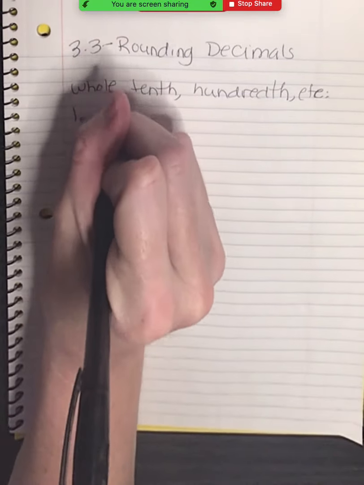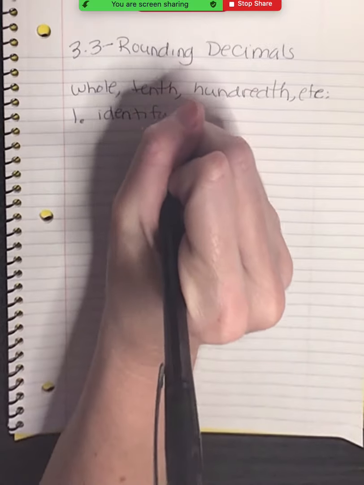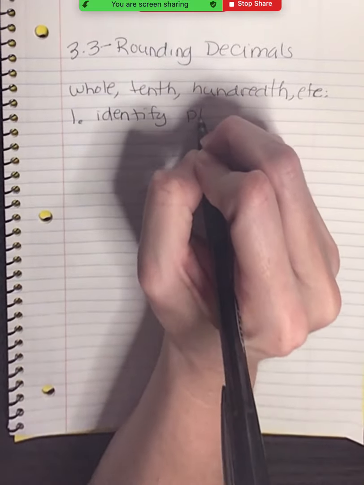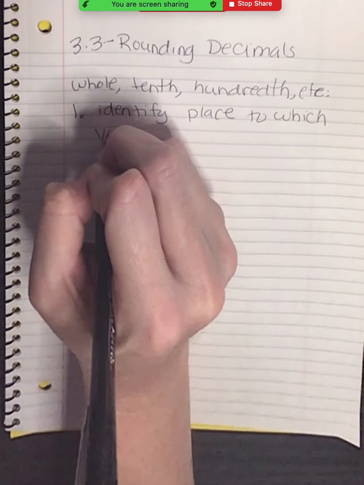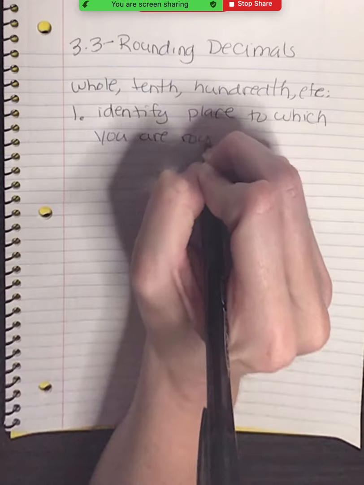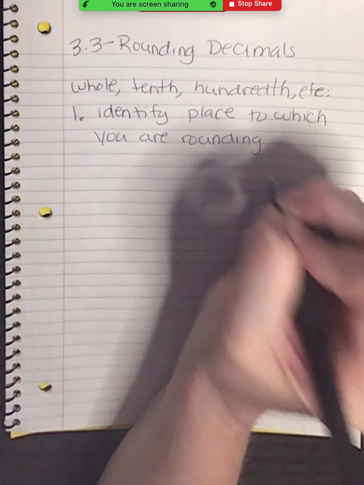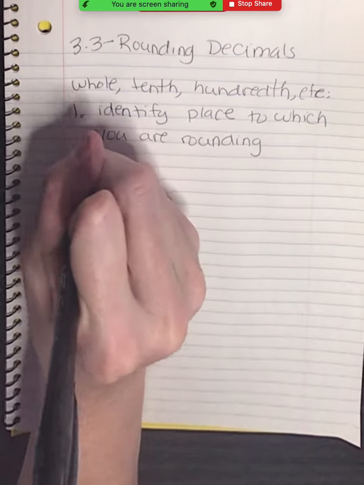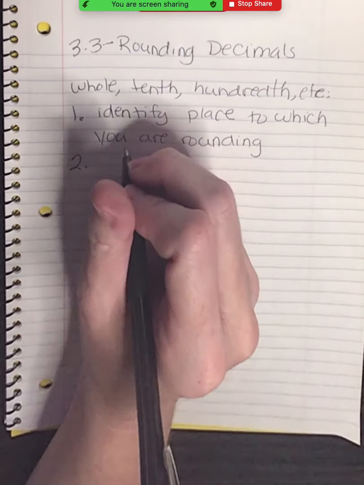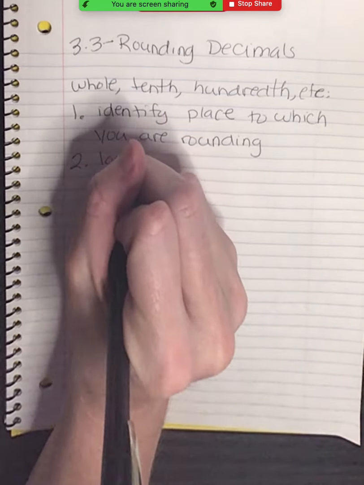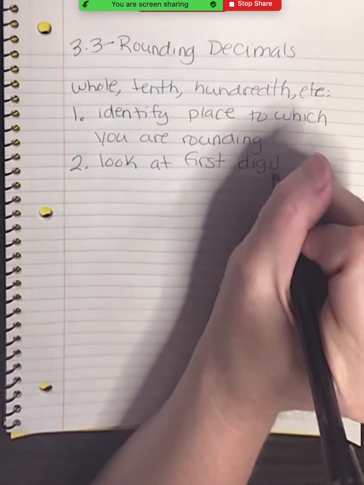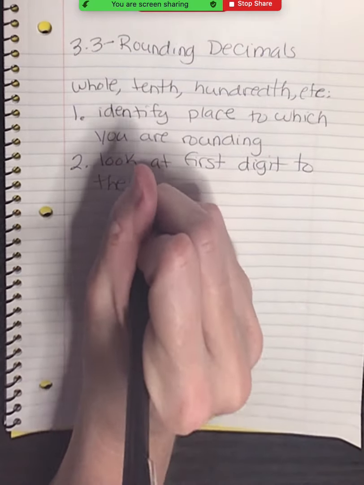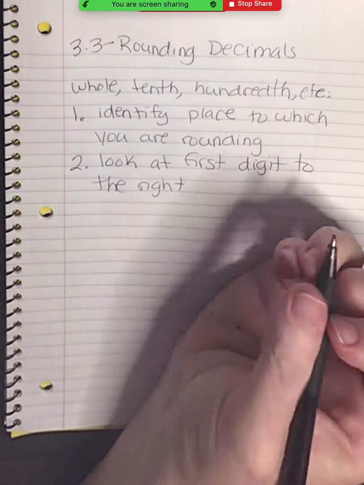Okay, so the first thing you have to do is you identify which place value you are rounding to. Okay, then just like whole numbers, you look at the first digit to the right of the place you're rounding.